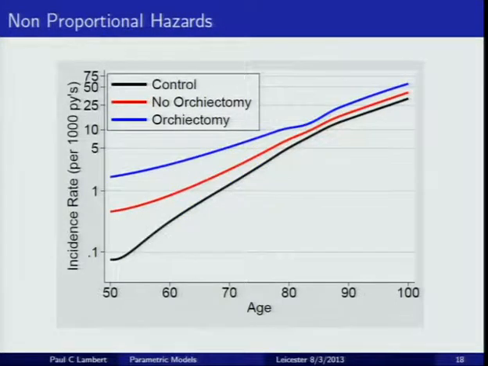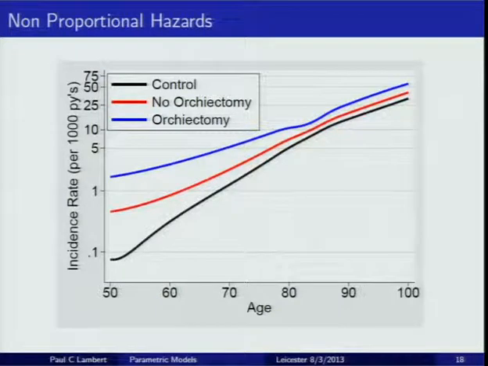So we can fit a model where the relative effect of being in one of the exposure groups, remember compared to the population controls, can vary as a function of our timescale. Our timescale here is age. You can see this bigger effect among younger people.